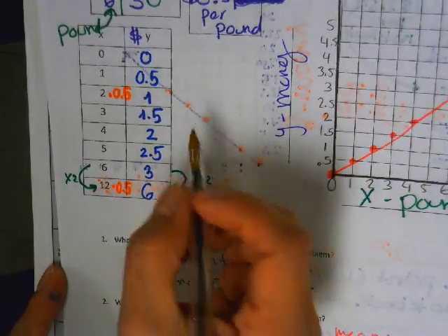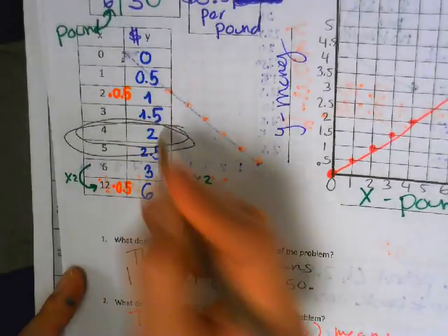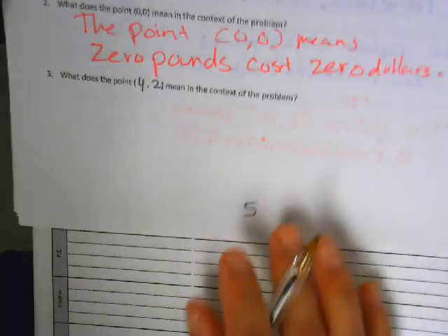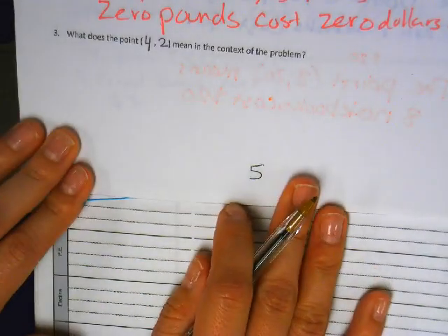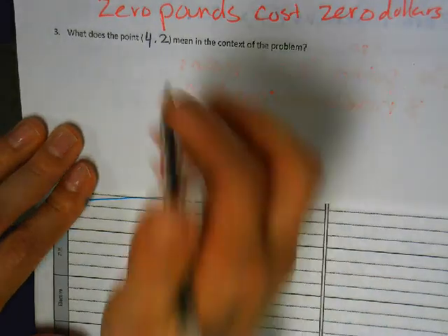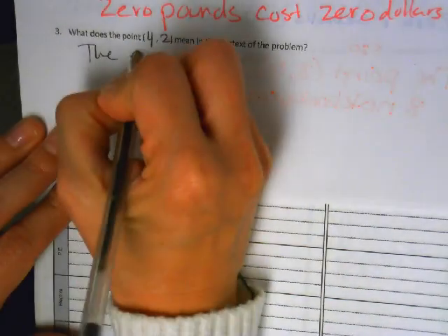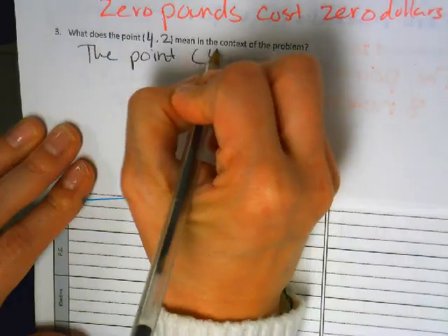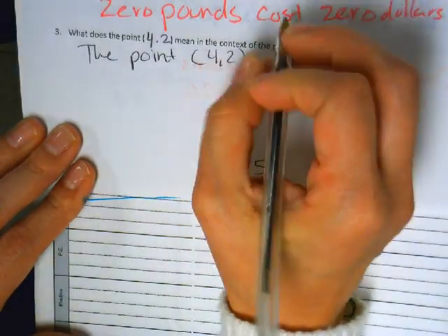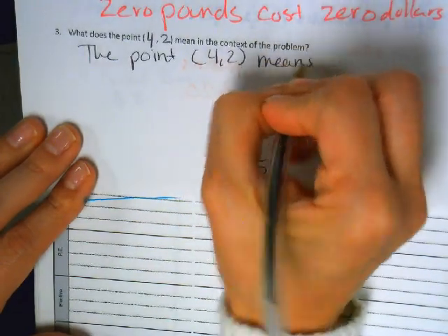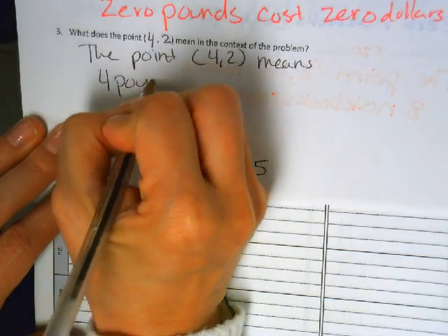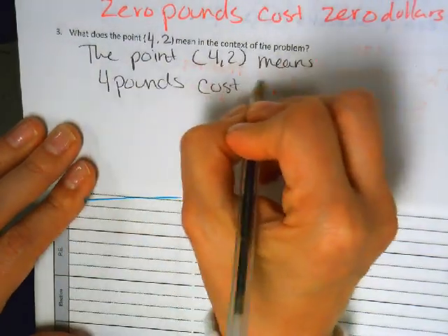Kevin and Carmen picked that combo, 4, 2. What does the point 4, 2 mean in the context of the problem? 4 pounds cost $2.